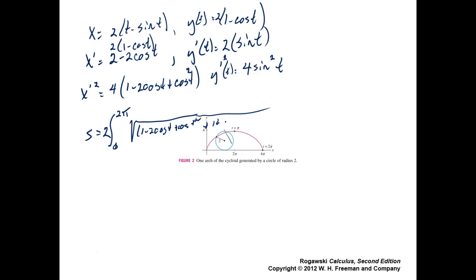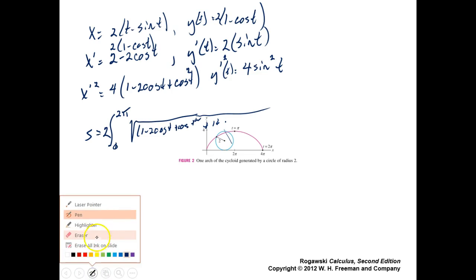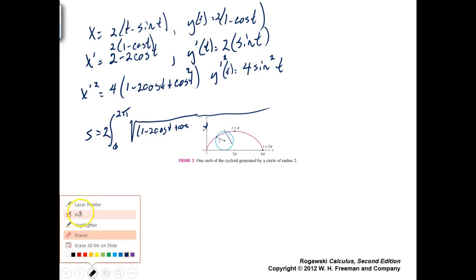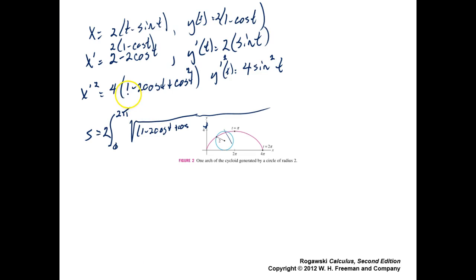Let me clean this up a little bit. Okay, I already took the 4 out. Sorry about that. Okay, 1 minus 2 cosine t plus cosine squared t. That was what was getting hard to read. Plus, I already pulled the 4 out, so the square root of that is out of there. And this is just a sine squared t, right? And then you got your dt on the outside.